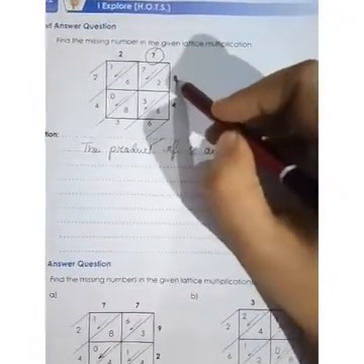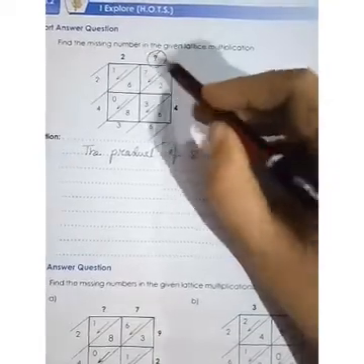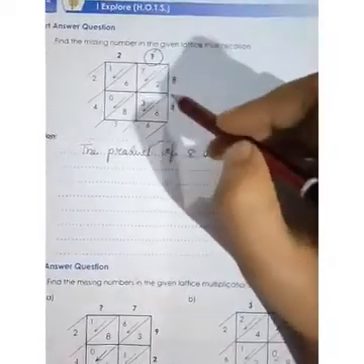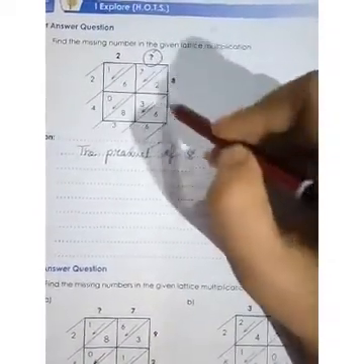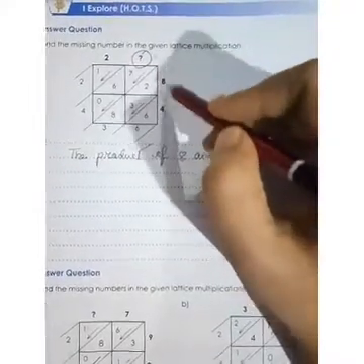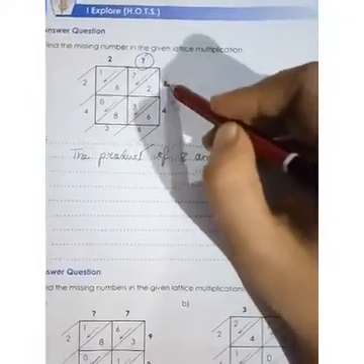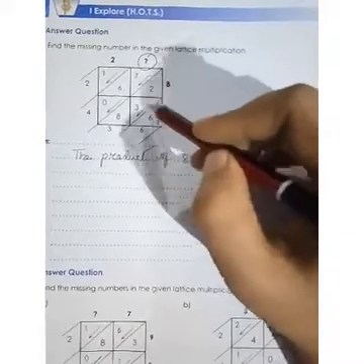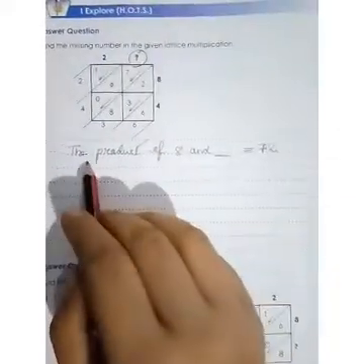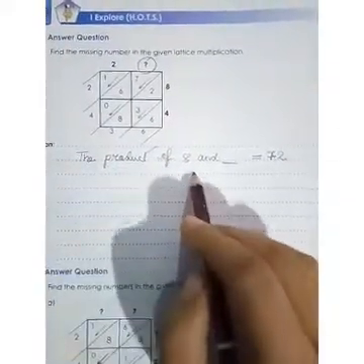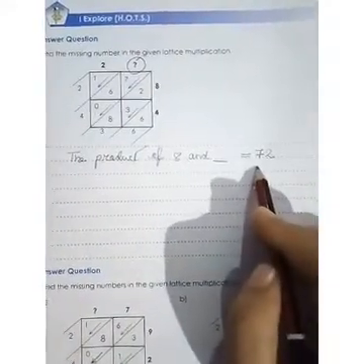Now look at the first number. When we are doing the lattice algorithm, we are multiplying with the number. Then we come to the second number, 4, which has been multiplied with the number. With 8 and 4, we are getting 72 and 36. So the first question: the product of 8 and dash equals 72.